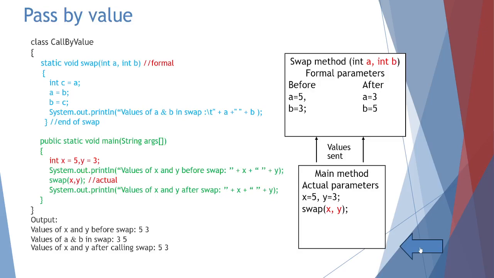So x is 5, y is 3. A copy of 5 and 3 will get stored in a and b. Java does this. So actual parameters are sent to the method header and formal parameters have received them. Now the swap function. Swap means what? Let's suppose we have two glasses.